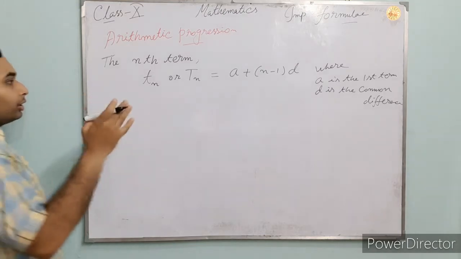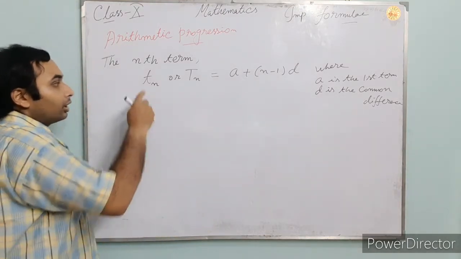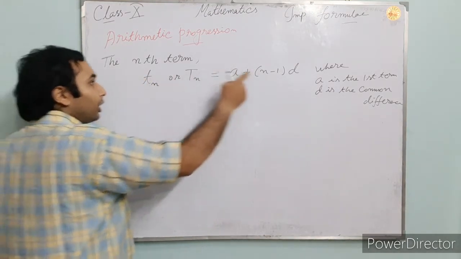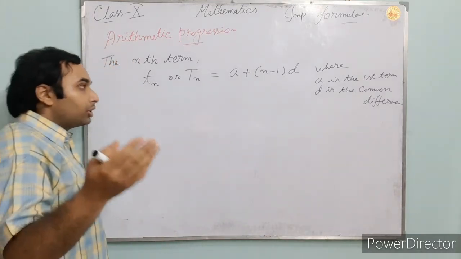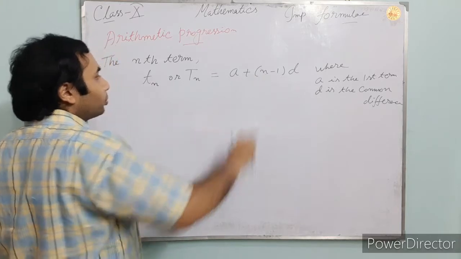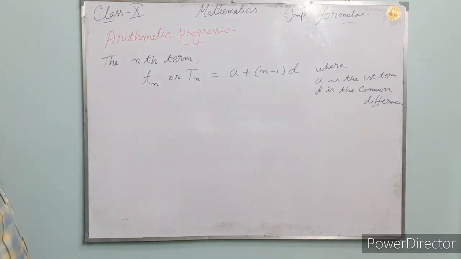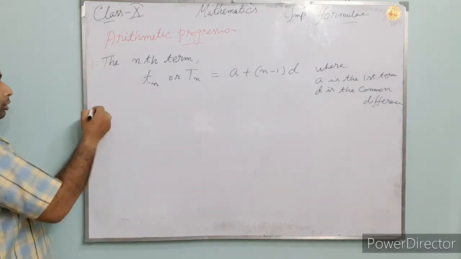If you have to find the fifth term of the series, then T5 will be there, so this 5 will come here. Whatever you have to find, T5, T6, T7, you have to put there. Okay. The nth term, number 1.